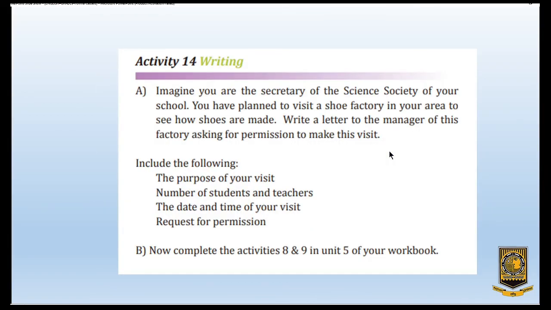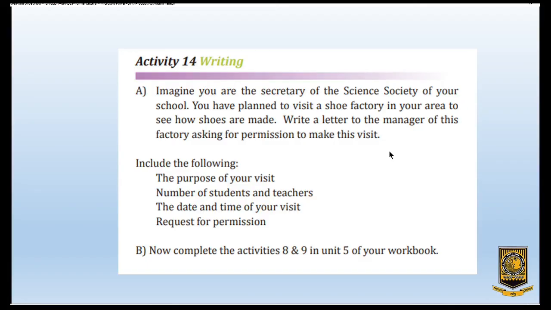You have to write a letter to a shoe factory in your area. You want to go and visit it on your school trip, and you are the secretary of the science society of your school. So you can think of the designation, that's the secretary of the science society.